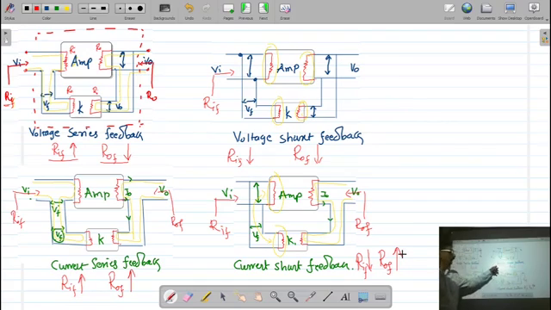And in voltage shunt feedback, both the input and output resistance are going to decrease. And in a current series feedback, the input and the output resistance both are going to increase. So I think the idea about the input and output resistance of the negative feedback amplifier is clear to you.